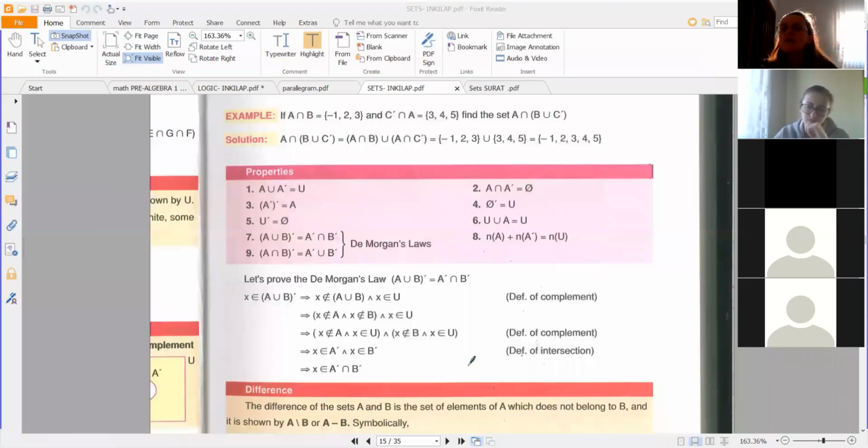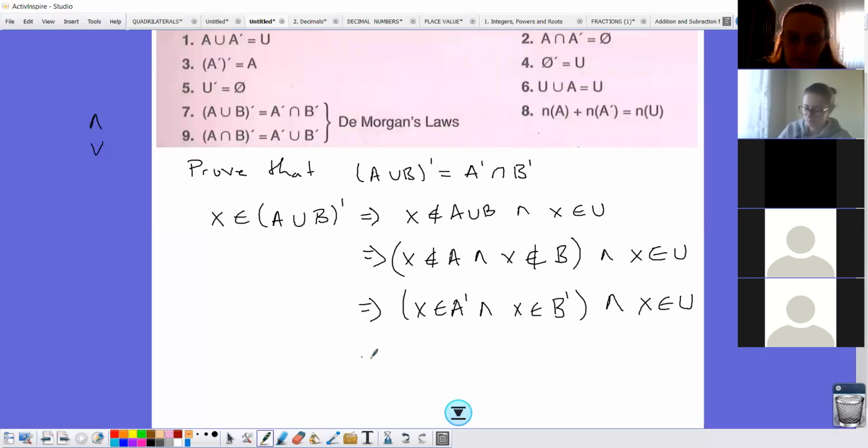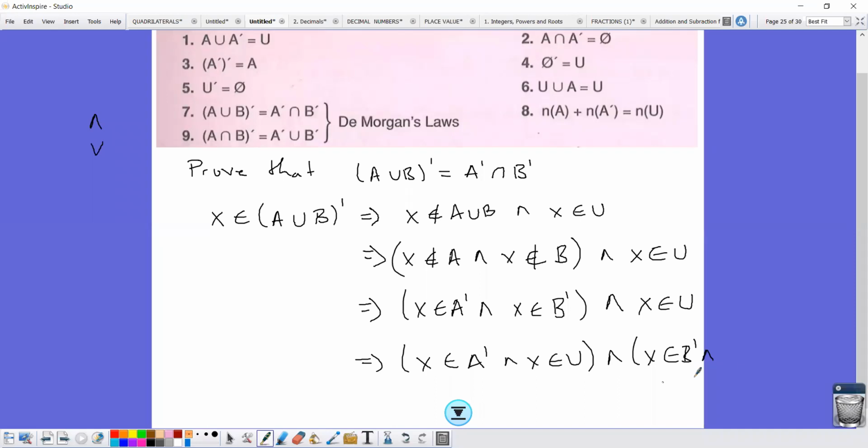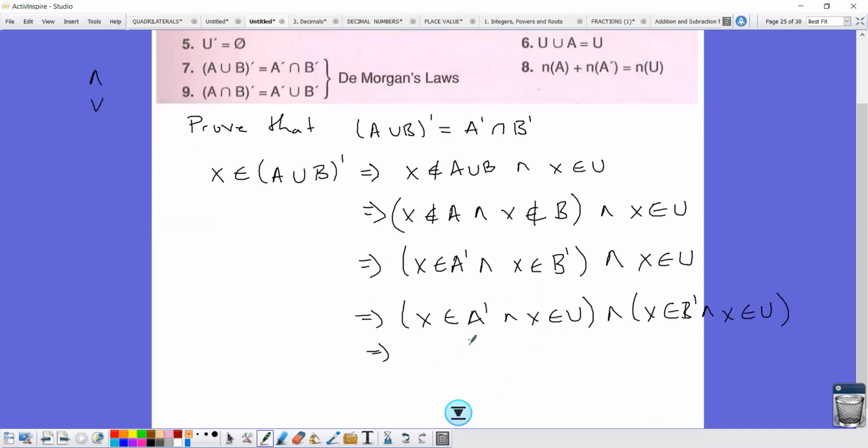Yes. Now here, we can write this one, the distributive property, we can write like this. X is element of A prime and X is element of universal set. And again, X is element of B prime and X is element of universal set. So this is the definition of the A complement. I can show you here.